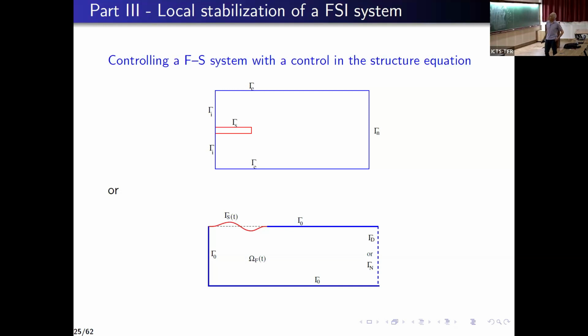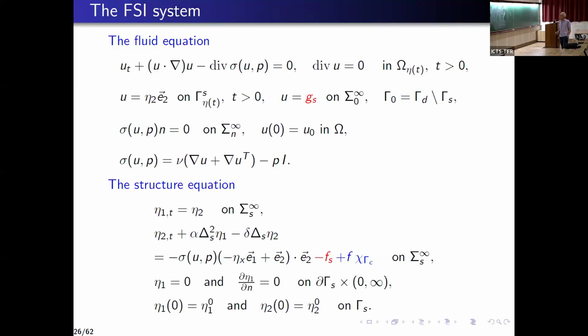So now I would like to say a few things about the fluid structure model, the stabilization, either in this case or in this one. I am going to write the mathematical details in this framework. So I have to consider the fluid equation and the structure equation.